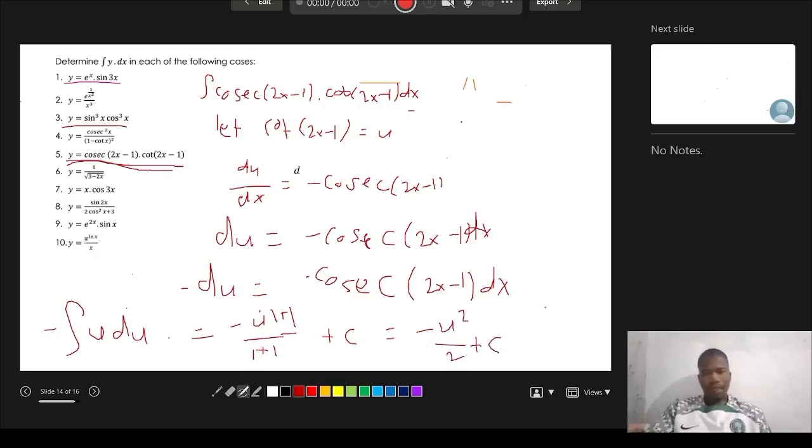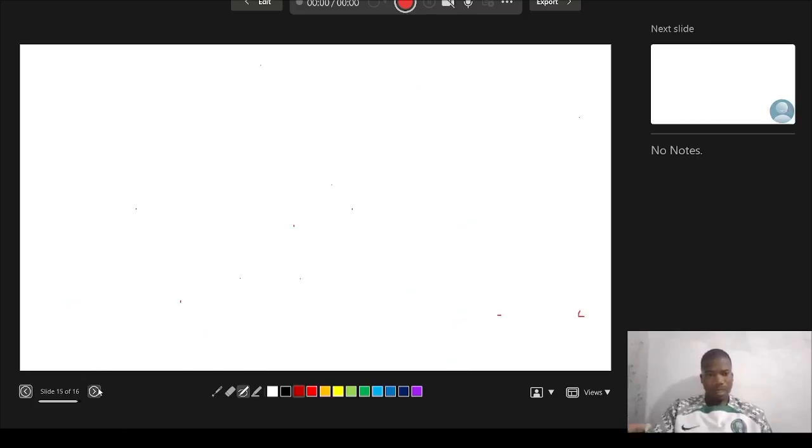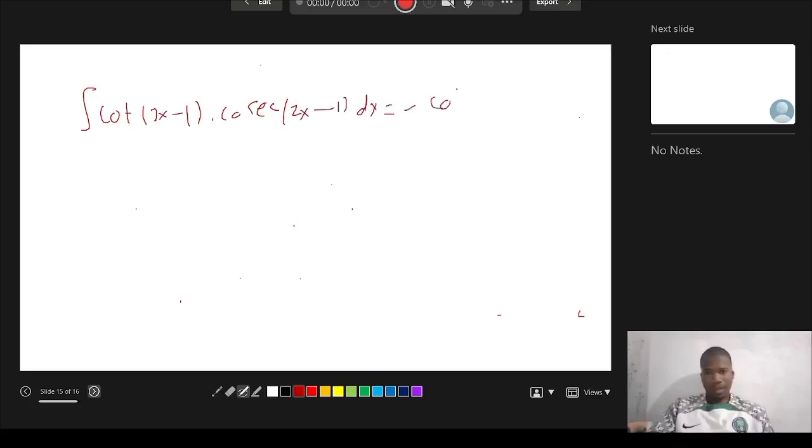Reverting back to the original state, the integral of cot(2x minus 1) multiplied by cosec(2x minus 1) dx is equal to negative cot(2x minus 1) squared, all divided by 2 plus c, right? So that is the final solution.